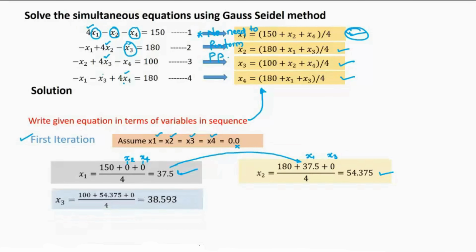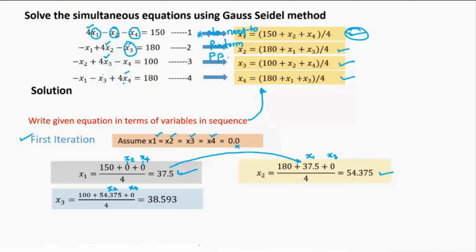Similarly, for the third computation, this is the equation for x3: x3 is equal to 100 plus x2 plus x4. Now in the previous case, for x2 we have used 0, but in this case, x2 is 54.3.